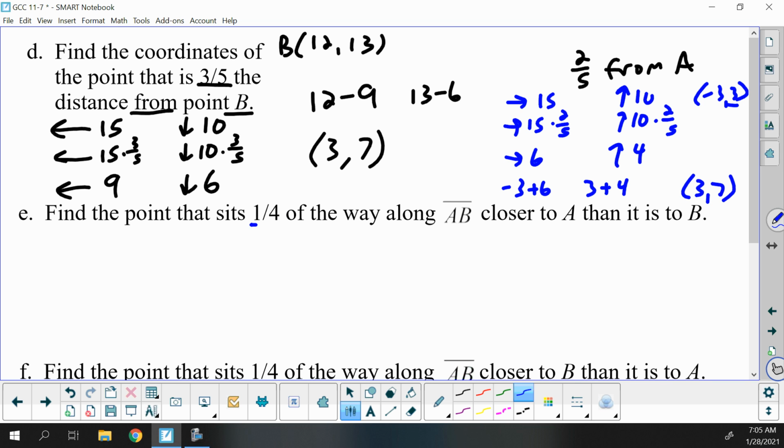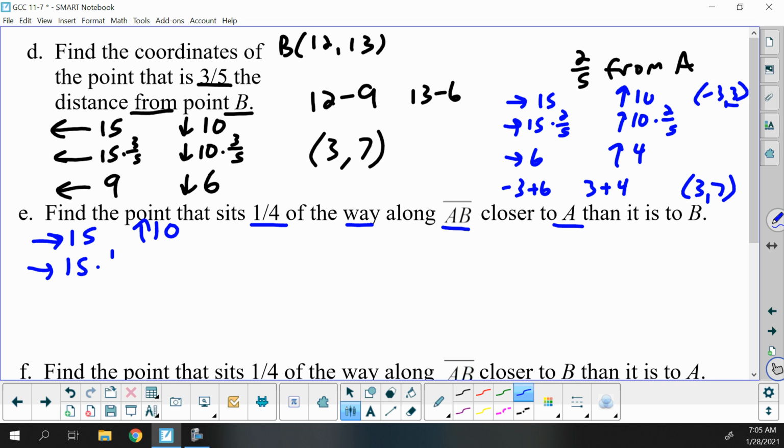All right, we want 1/4 of the way along AB, so we're closer to A. Well, 1/4 is less than halfway. So therefore, we want to do the 1/4 from A. If it said 1/4 of the way closer to B, then we would want to do 1/4 from B, because that would mean 3/4 from A. So we're working from A, so we're back to doing our right 15 and up 10.